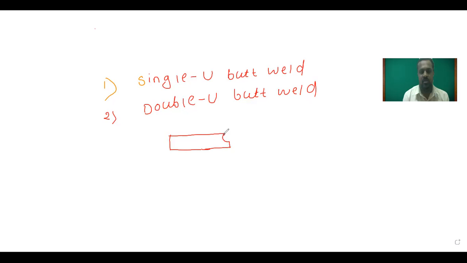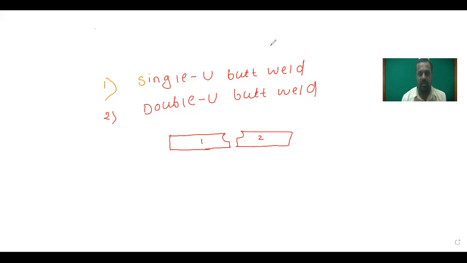Again, this is the second plate. Again here also we have to cut the edge of the second plate like this. J type we have to cut it, and here we have to make the welding.